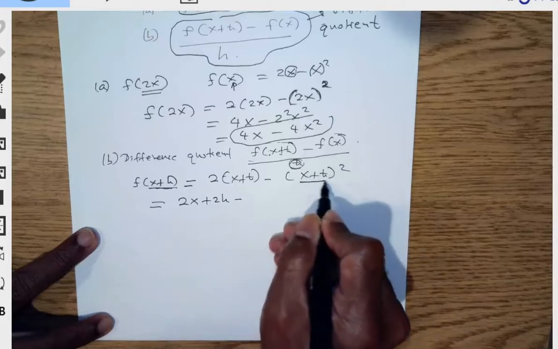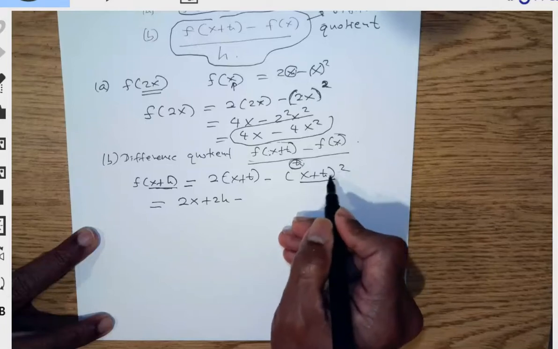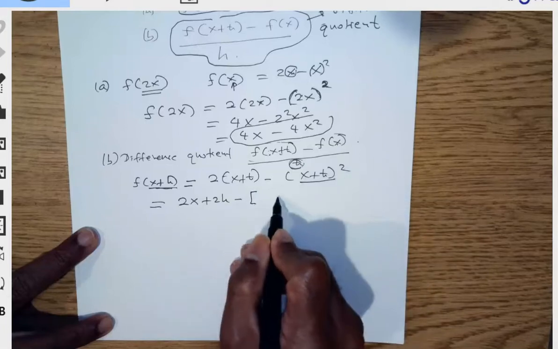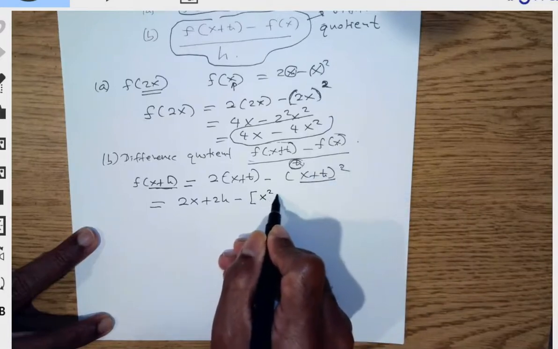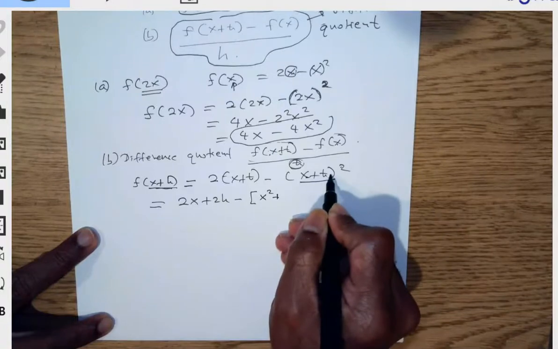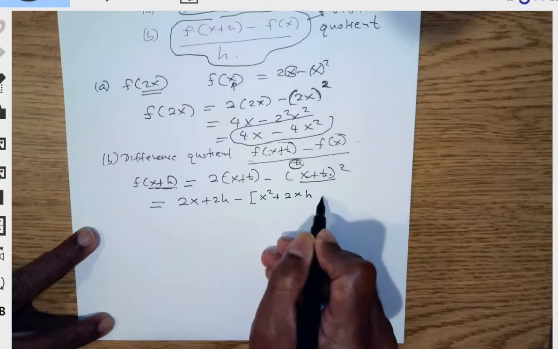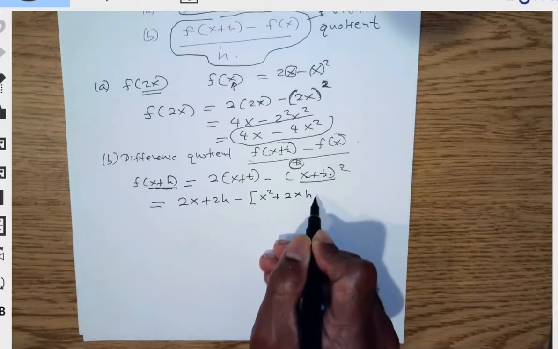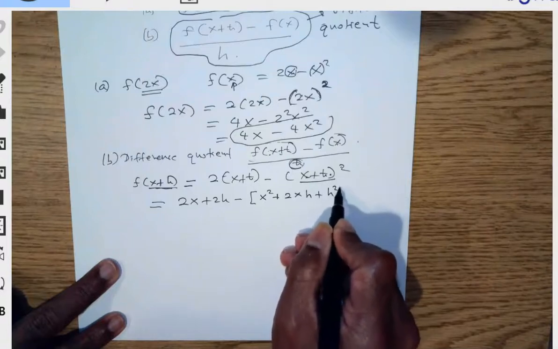Now you have a perfect square, and you should know how to do that. You square the first term, which is x squared, plus twice the product of the two terms, so twice xh, plus the square of the second term, which is h squared.